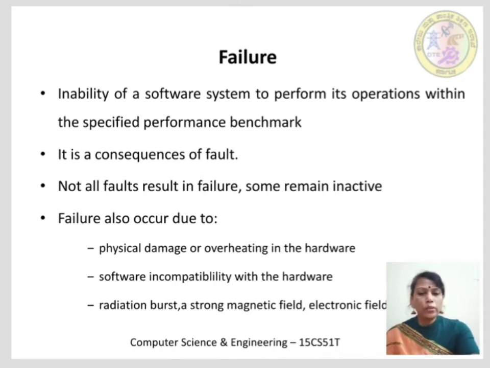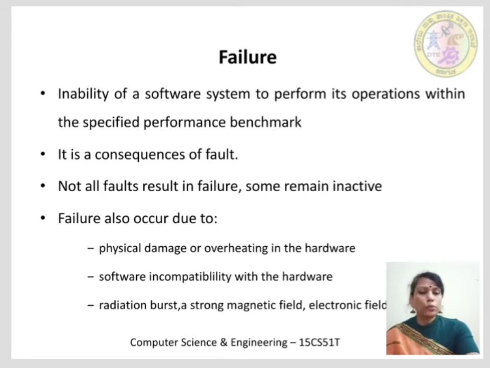A failure is the inability of a software system to perform its operation within the specified performance benchmark. Failure is a consequence of a fault. It is the observable incorrect behavior of the system.